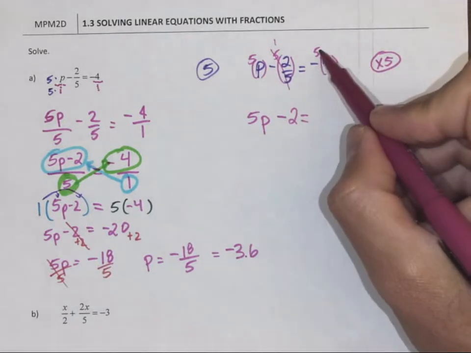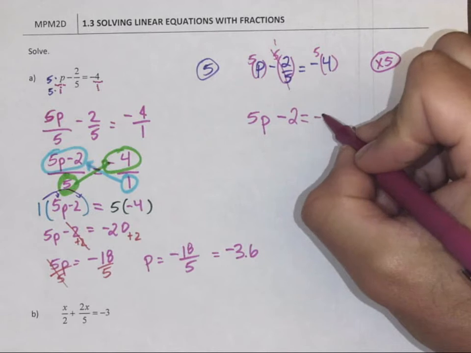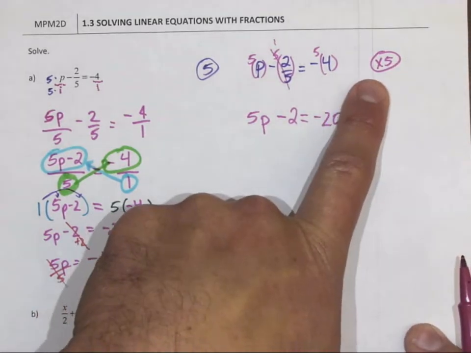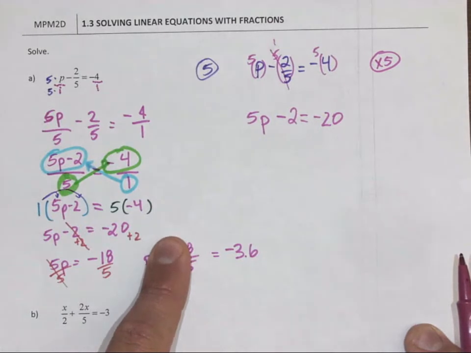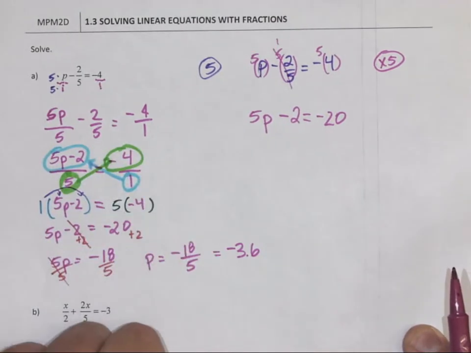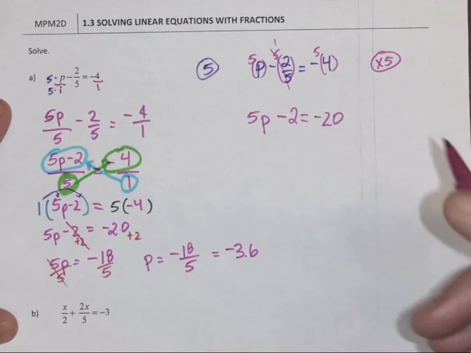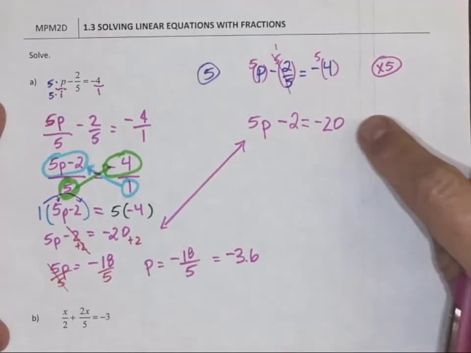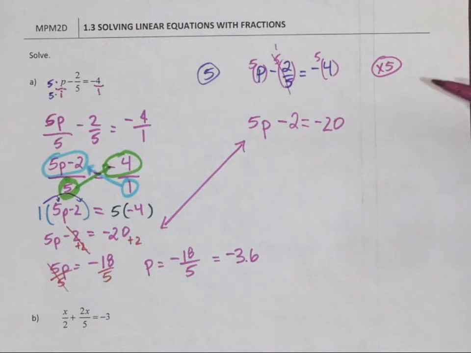And negative 5 times 4 is negative 20. And look at that. Using a common denominator, I didn't have to get one fraction on the left, one fraction on the right, and then cross multiply. I get right to that step, and now it's a two-step equation that I can solve for my unknown the exact same way.